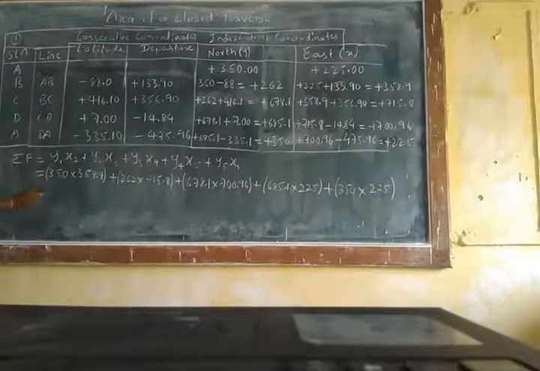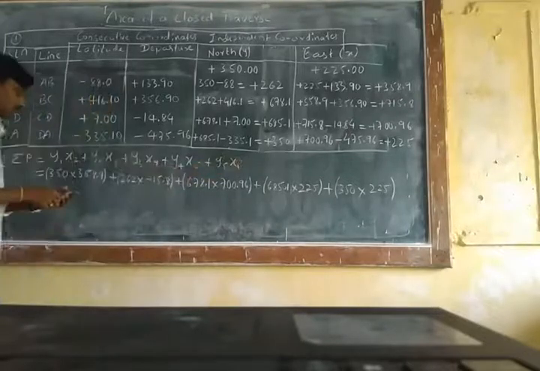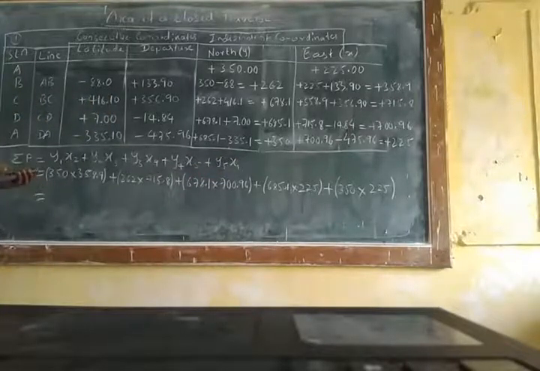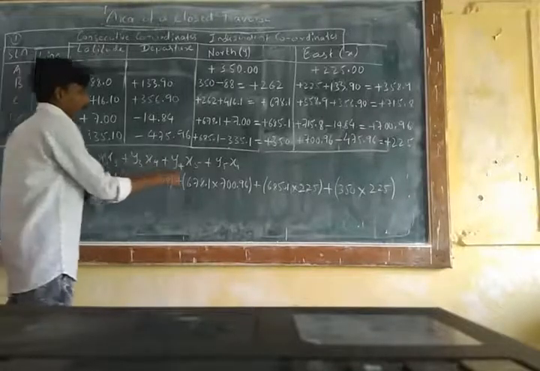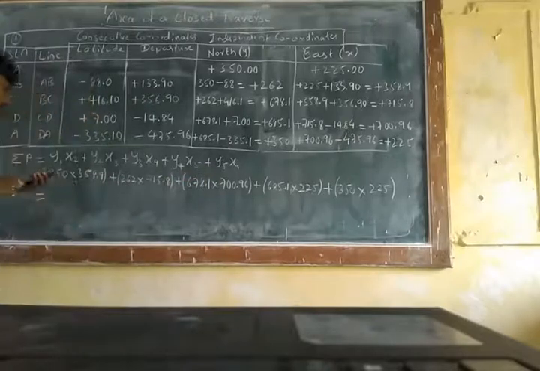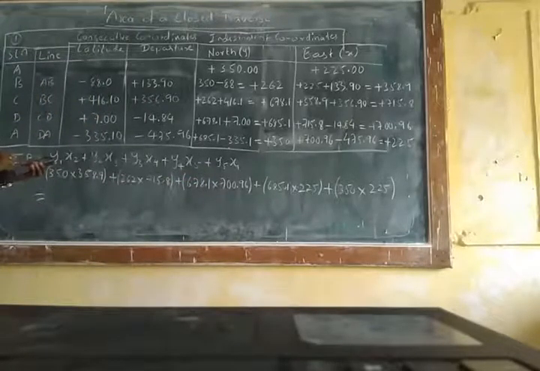Now let's calculate. So solve this equation. 350 multiplied by 358.9 plus, always apply the brackets as I have written here on the board. 262 multiplied by 715.8 plus 678.1 multiplied by 700.96 plus 685.1 multiplied by 225 plus 350 multiplied by 225.